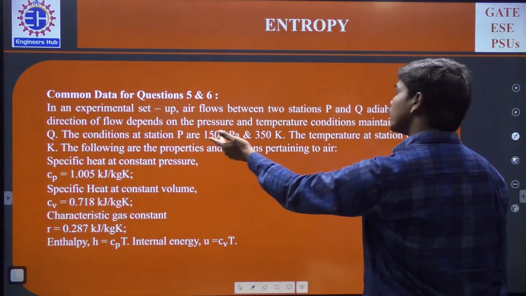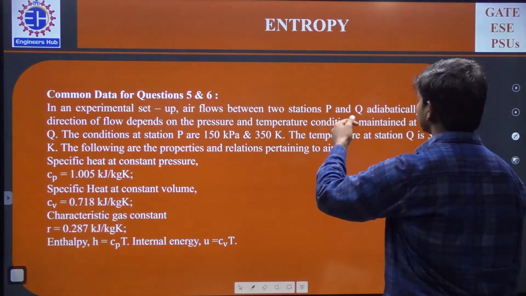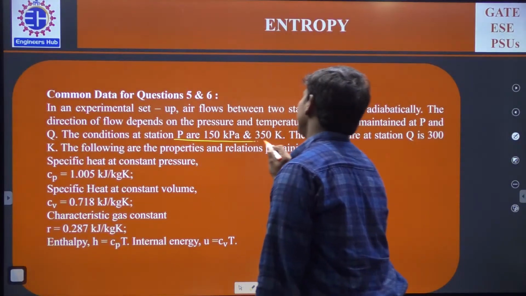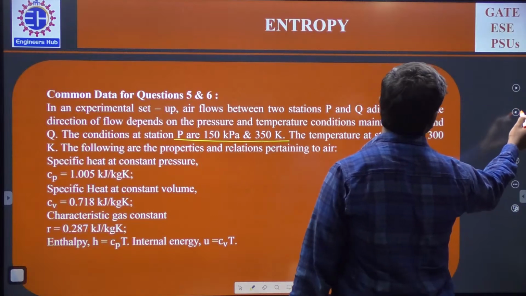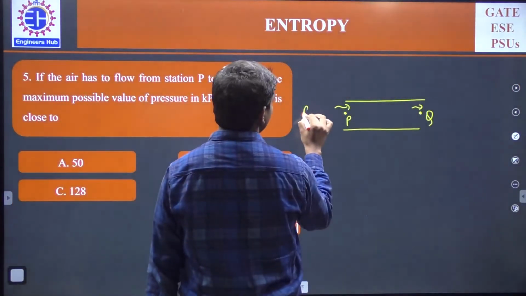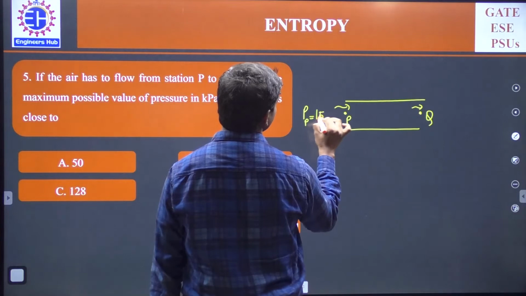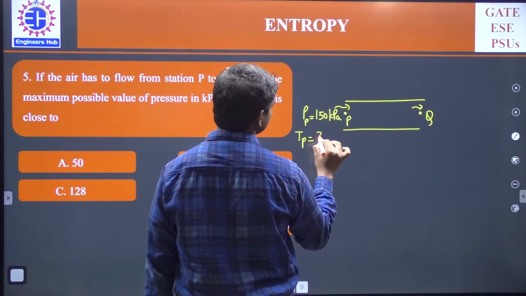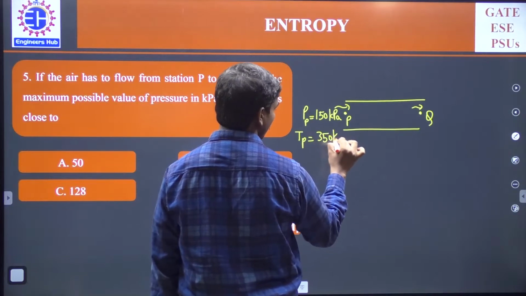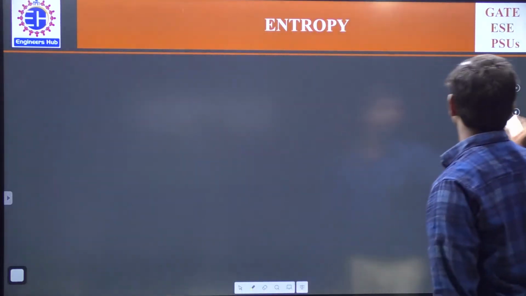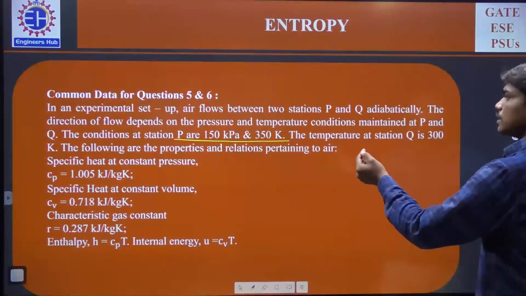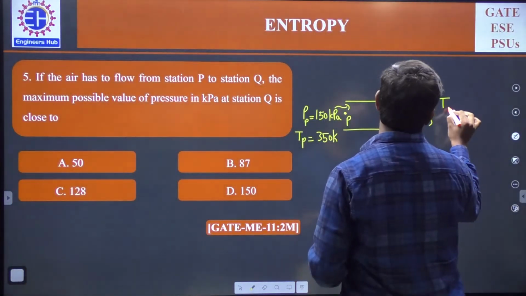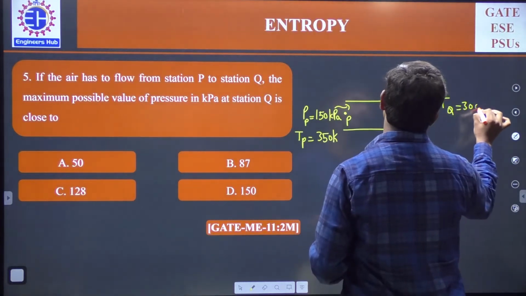The direction of the flow depends upon the pressure and temperature conditions maintained at P and Q. The conditions at P are 150 kPa and 350 Kelvin, so pressure at P is 150 kPa and temperature at P is 350 Kelvin. The temperature at Q is 300 Kelvin.